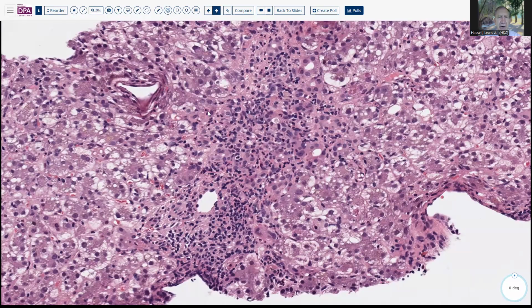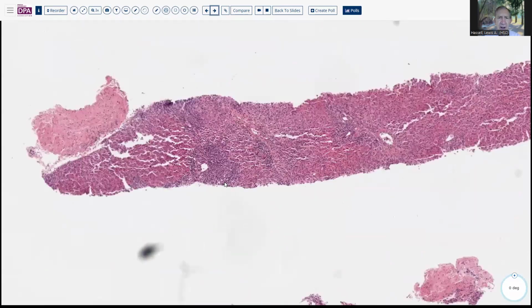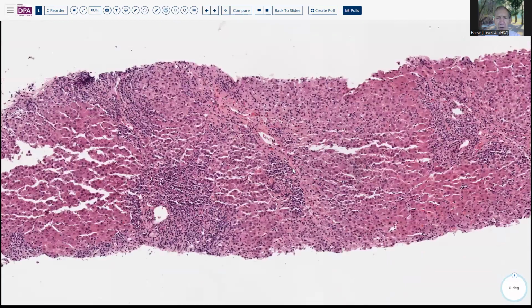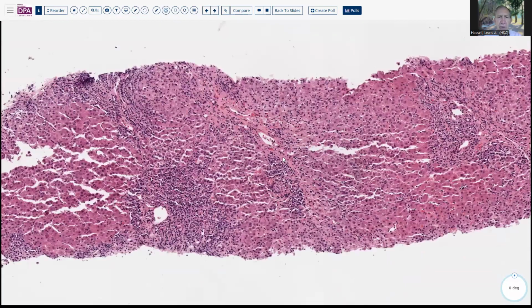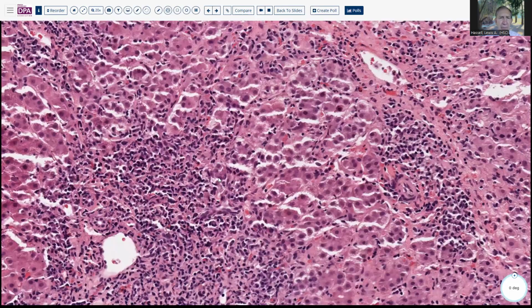And then here, another example, a little bit less prominent cirrhosis in this case, although there may be some which would become evident with a collagen-focused stain such as the trichrome. But again, a dense inflammatory infiltrate with extension into the lobules, as you see here, blurring this border between the hepatic lobule and either the central vein or portal tracts.